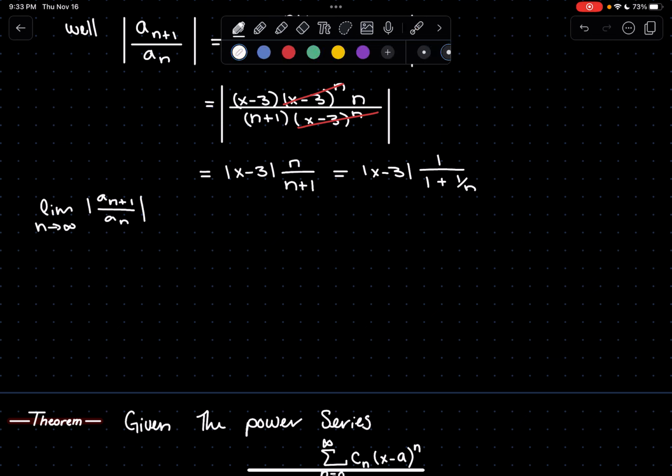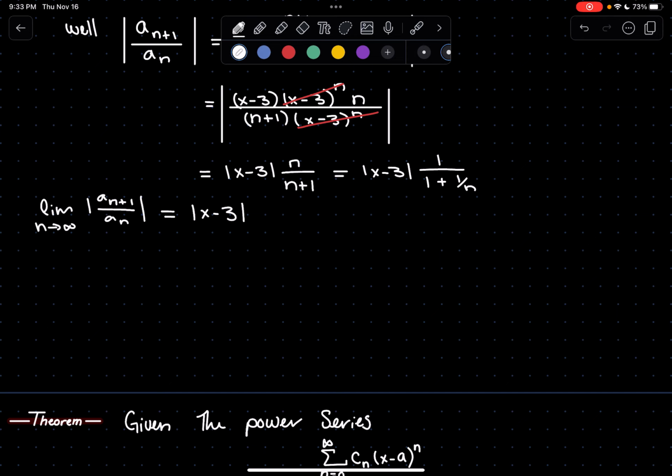The limit of this is just going to be equal to the absolute value of x minus 3, right? Because the limit as n goes to infinity, this is 1 over 1 plus 0. So it's just 1 over 1. So we get the limit is this, right?